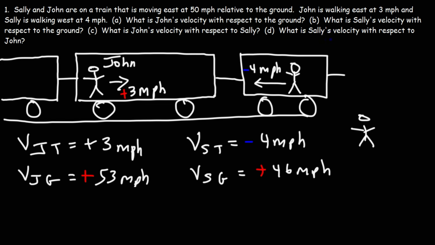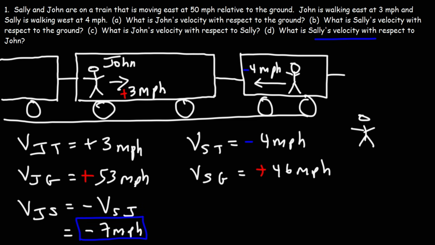Now, what is Sally's velocity with respect to John? All you've got to do is switch the sign. So VJS is going to equal negative VSJ. So that means it's going to be negative 7 miles per hour. And of course, we could use the formula.